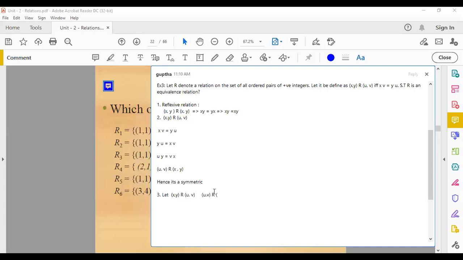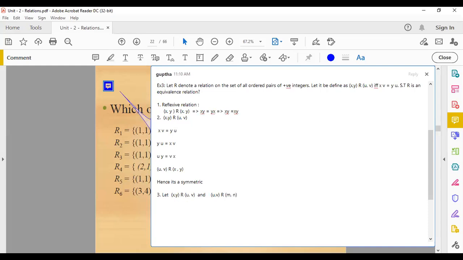Let (X, Y) be related to (U, V), and (U, V) is related to something, which I want to take as (M, N).